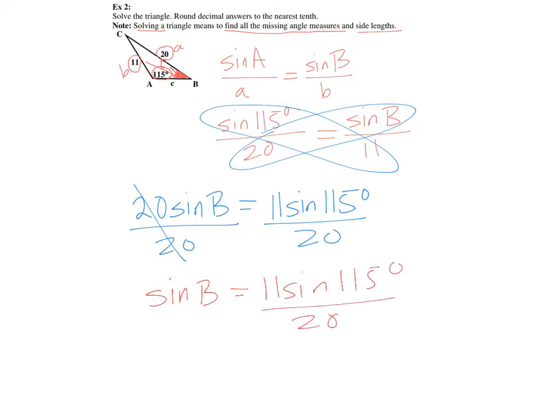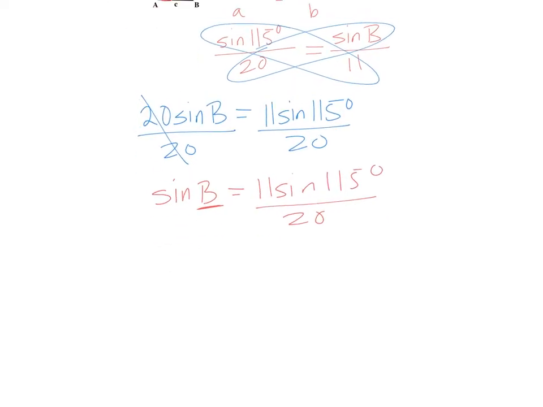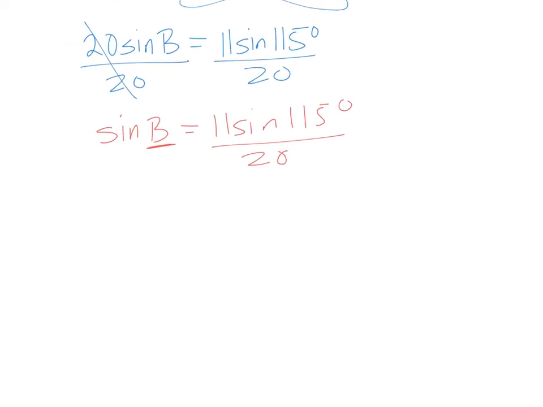Now I'm not quite done yet. How do you isolate the B? Well, we learned that in the previous lesson. We have to take the inverse sine of both sides of the equation. Once again, let me just break it down. I'm going to write every step out. I'm going to take the inverse sine of both sides.